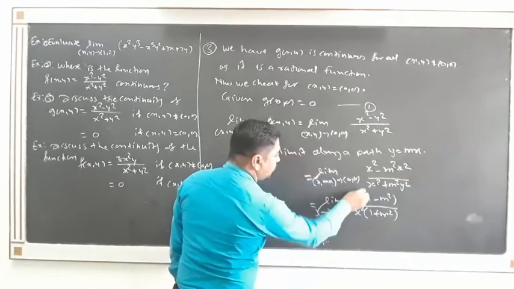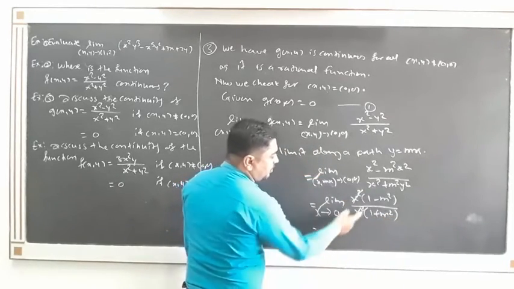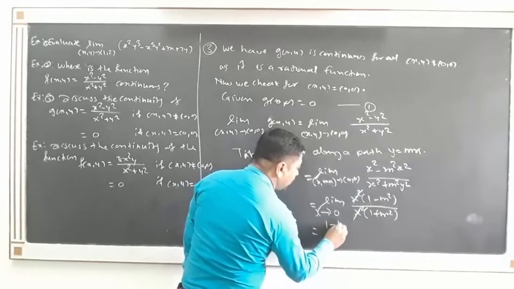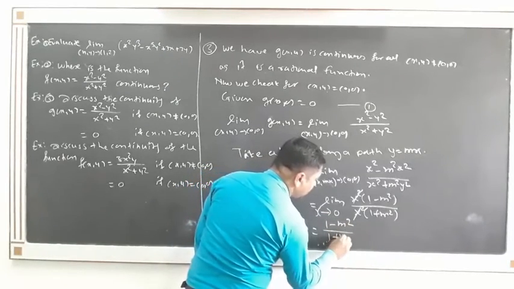The x square gets cancelled, and there is no x remaining, so it is 1 minus m square upon 1 plus m square.